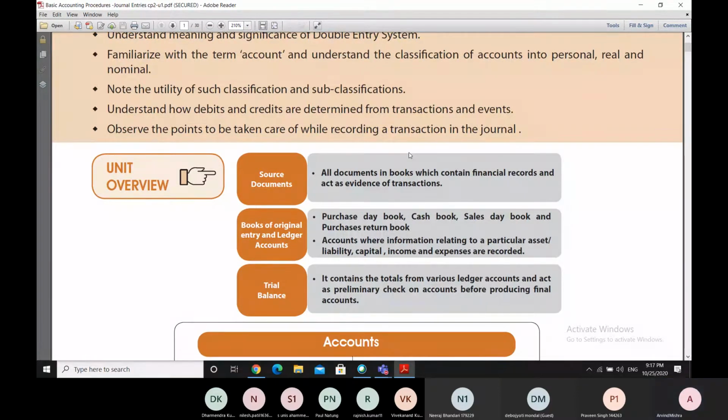So, as an overview of this unit, the source documents are the documents in the books which contain the financial records and which are the evidence of the transactions.